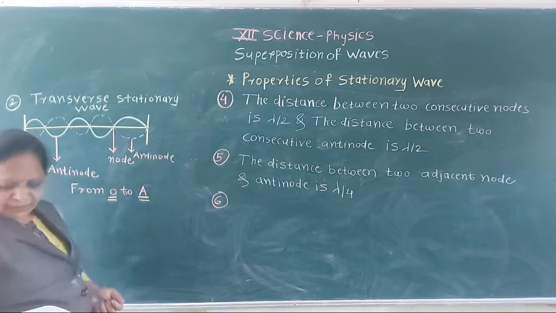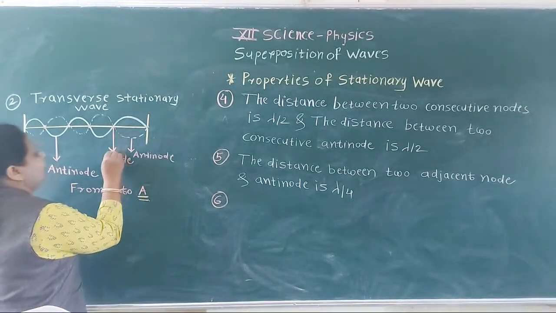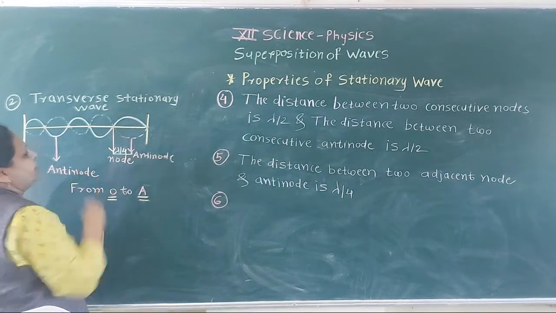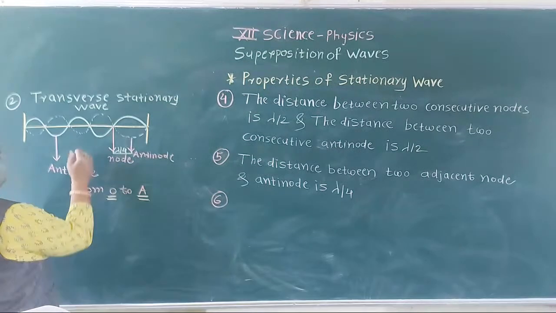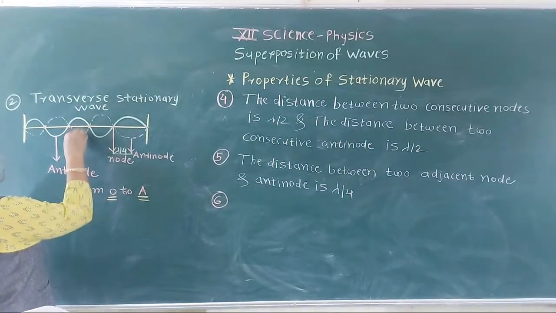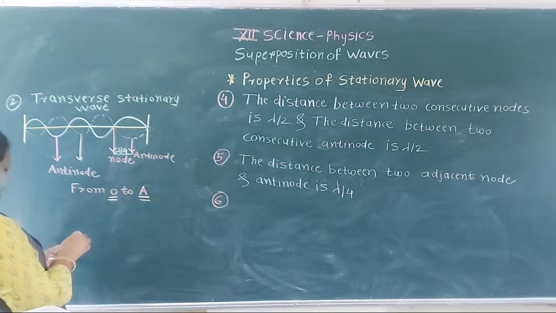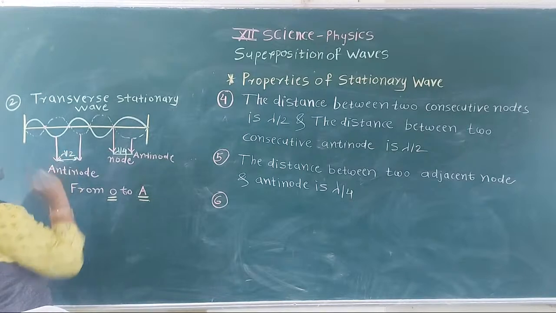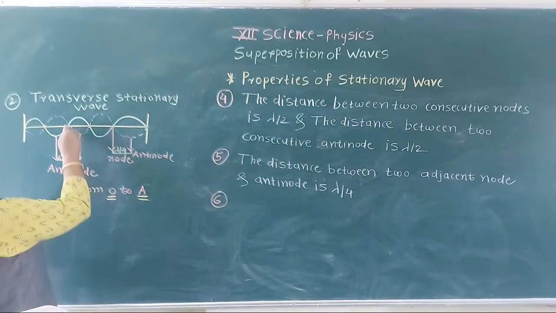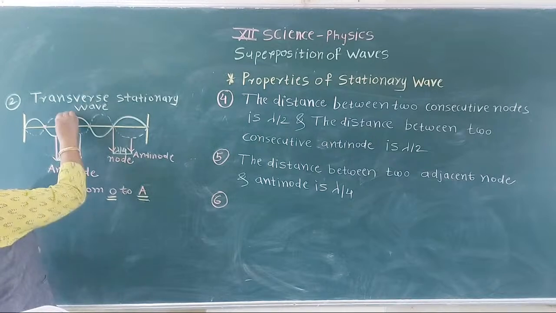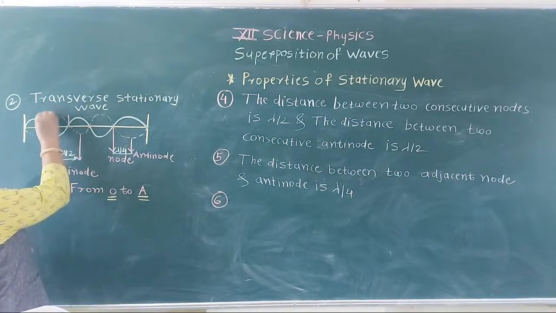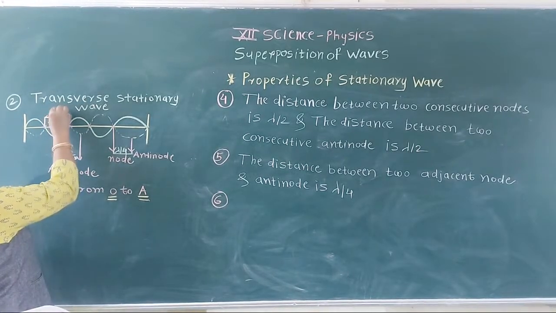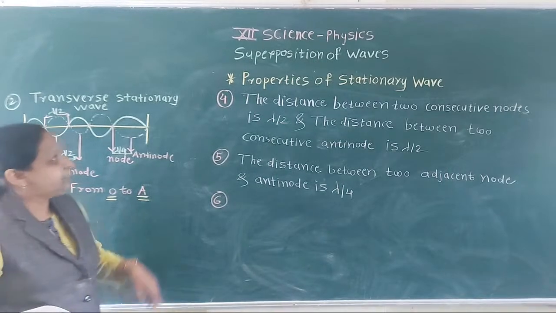So the distance between adjacent node and antinode is equal to lambda by 4, and the distance between two antinodes or two nodes is lambda by 2.